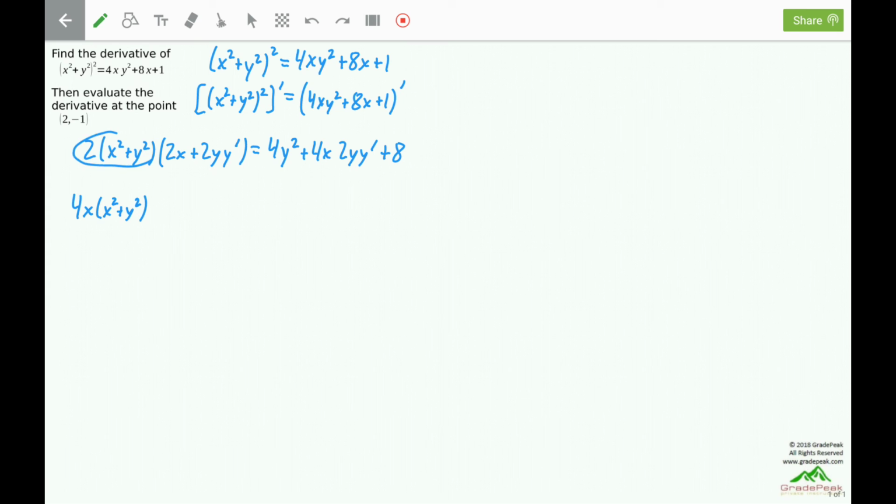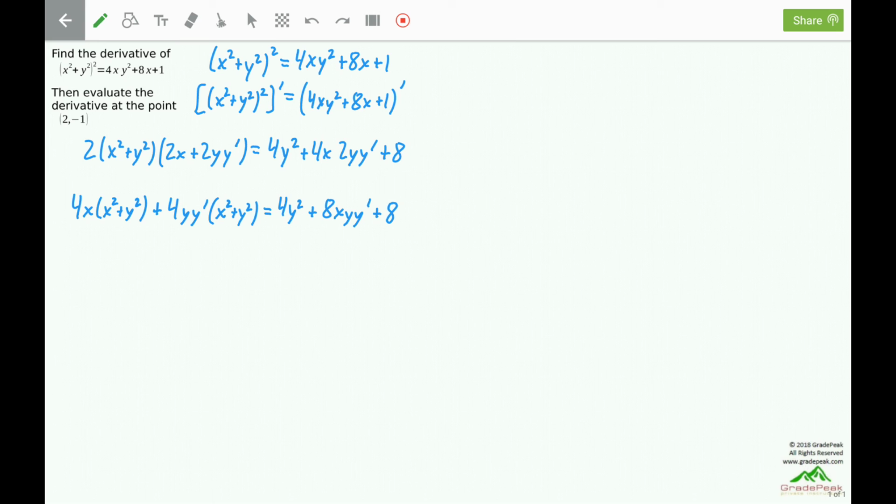Now we want to multiply all of this with all of this. Again, a 2 times 2, which is a 4. We have a y and a y prime, and we have an x squared plus y squared to the first power. Equals 4y squared plus, we can multiply the 2 and the 4 here, 8xy y prime, plus 8.